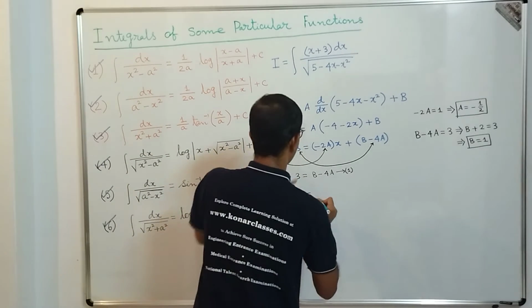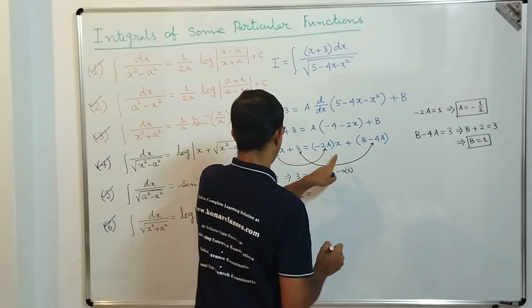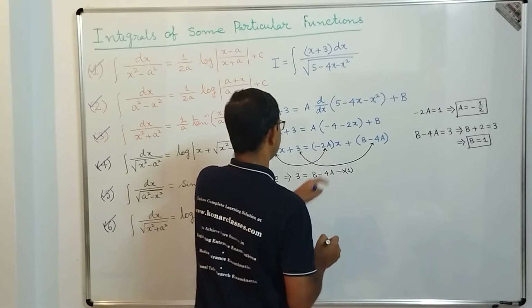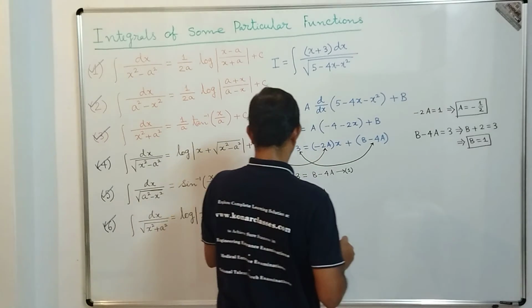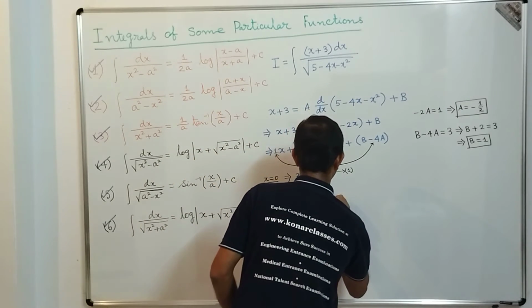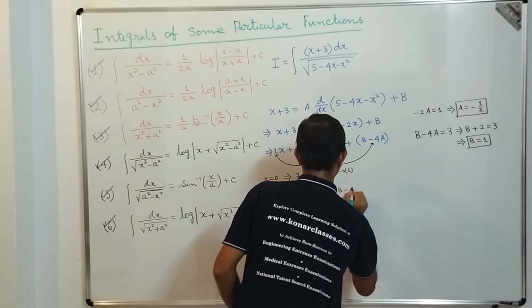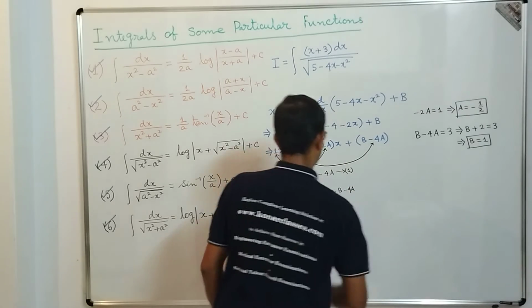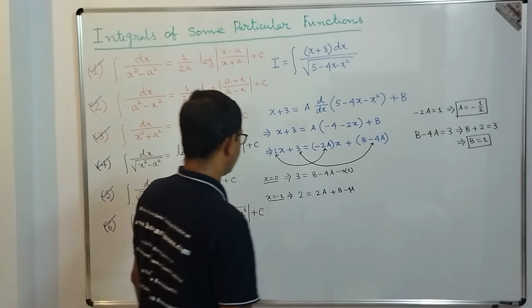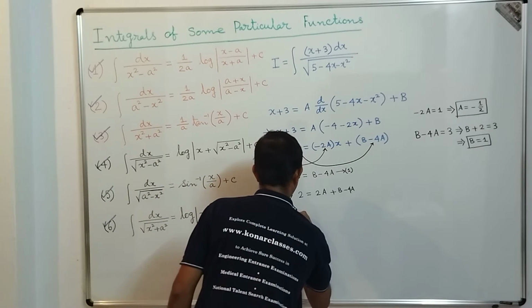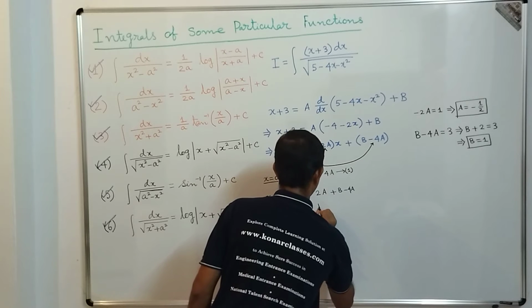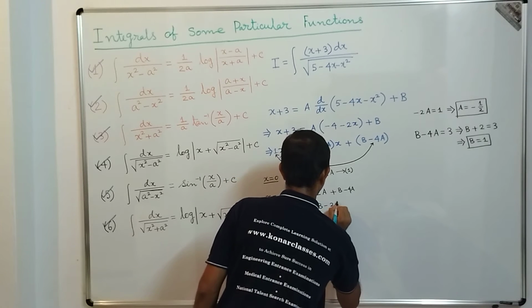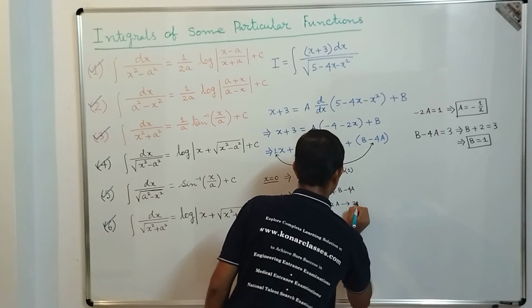On the right hand side, minus 1 into minus 2a becomes 2a, and plus b minus 4a. So from here we get 2 is equal to b minus 2a. So this is equation 2.